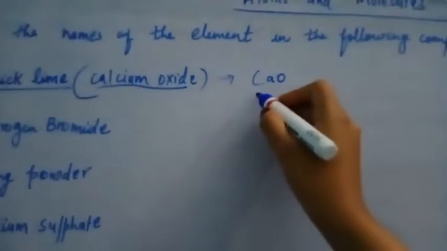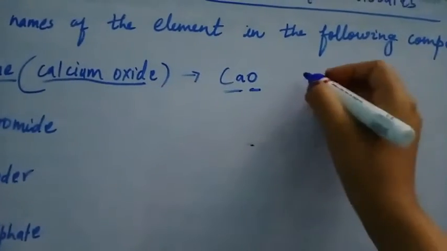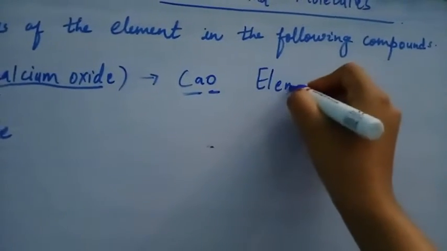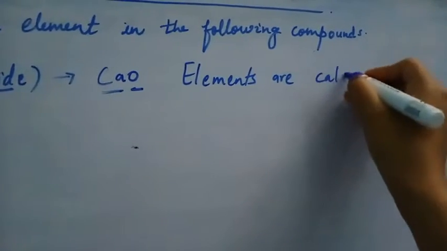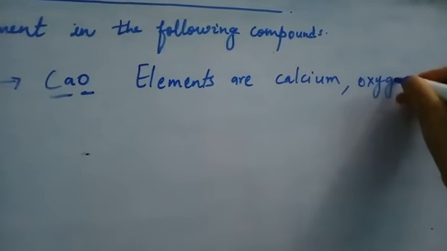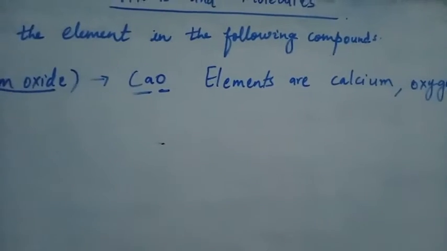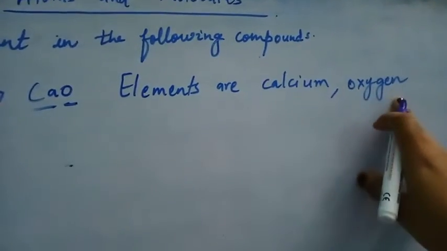So the elements are calcium and oxygen. In quicklime the elements present are calcium and oxygen.